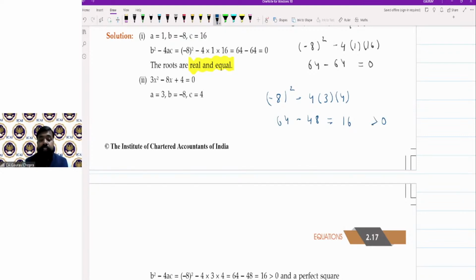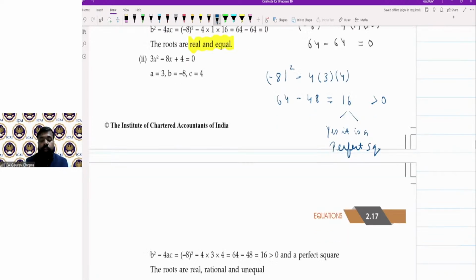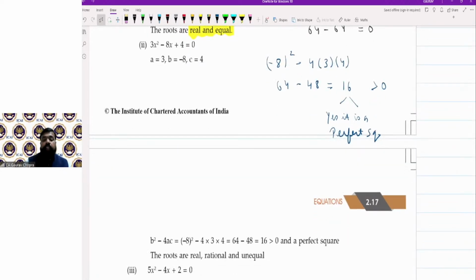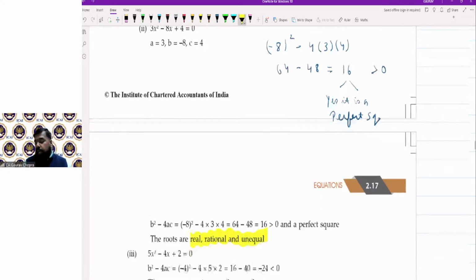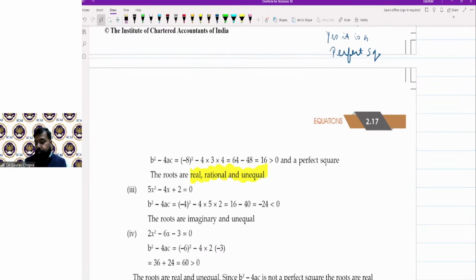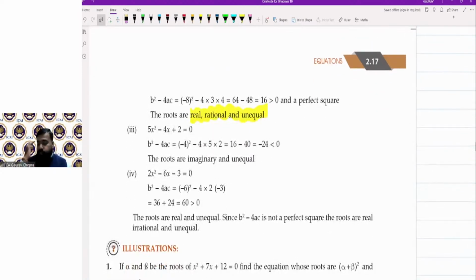If it is greater than 0, then we have to check whether it is a perfect square or not. Yes, it is a perfect square. So then we can say that the roots are real, rational, and unequal. Okay, real, rational, and unequal.